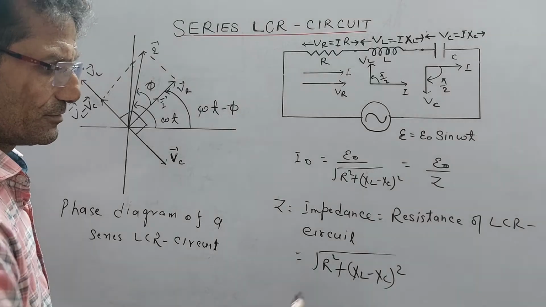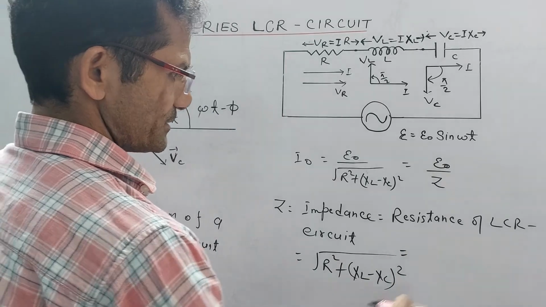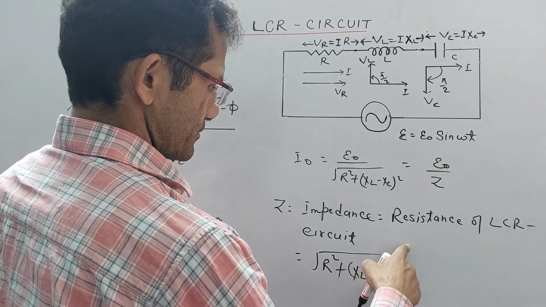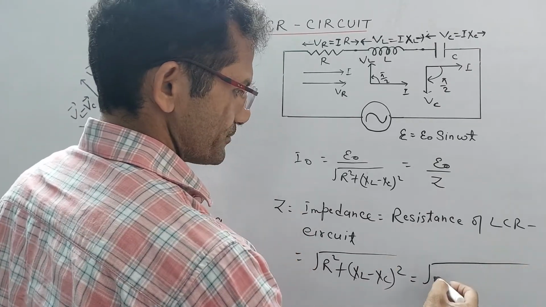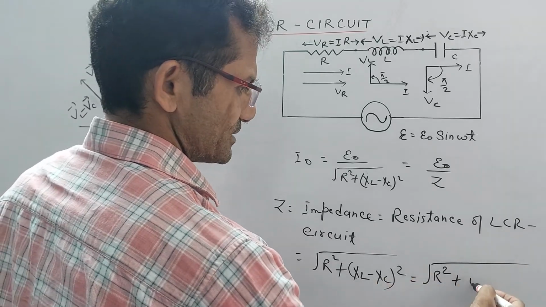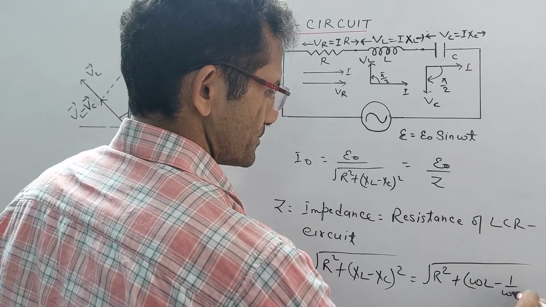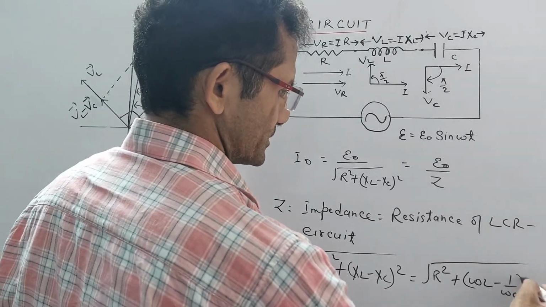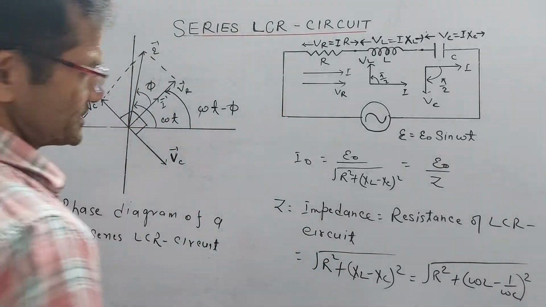If I place the value of XL and XC, this becomes square root of R square plus omega L minus 1 upon omega C whole square. So this is the first case.